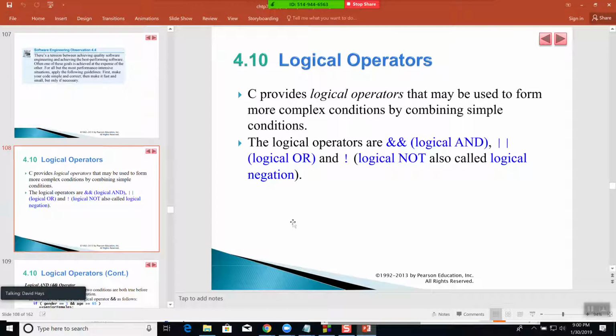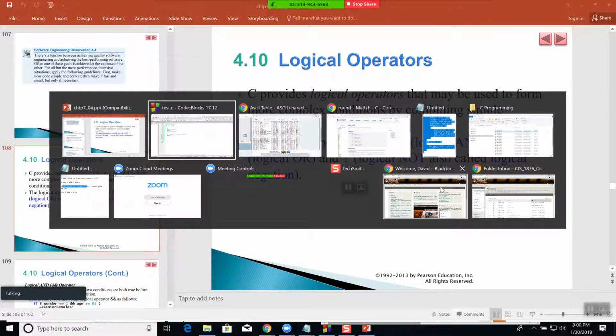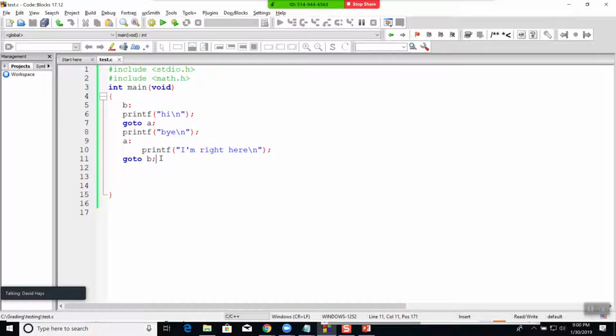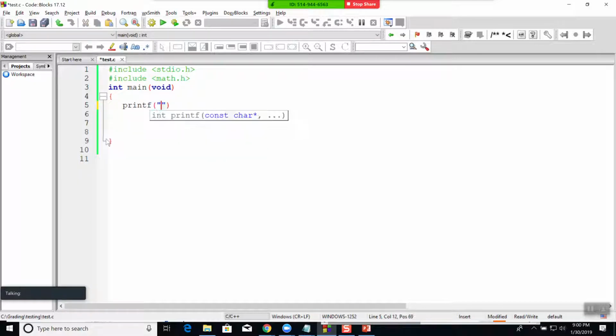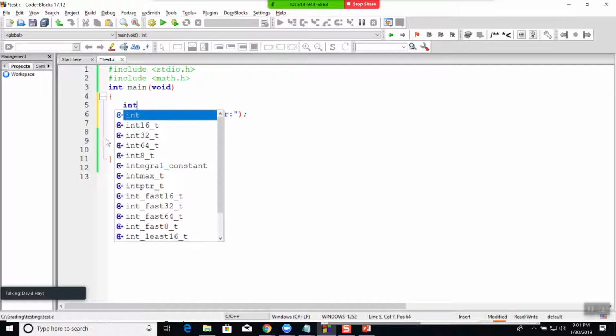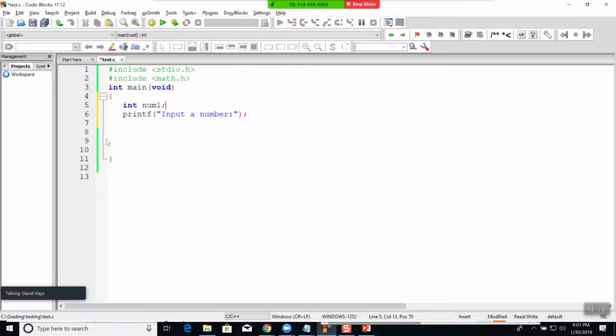Here are our logical operators. Example of that. Input a number. int num1. Scanf, %d, and then &num1.